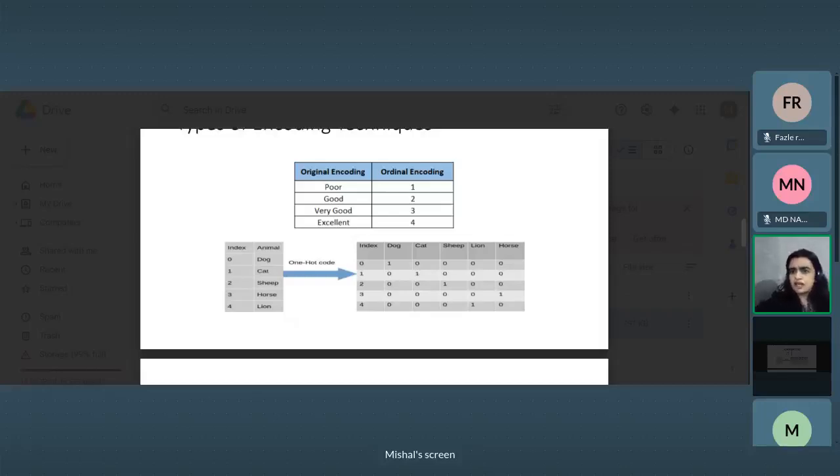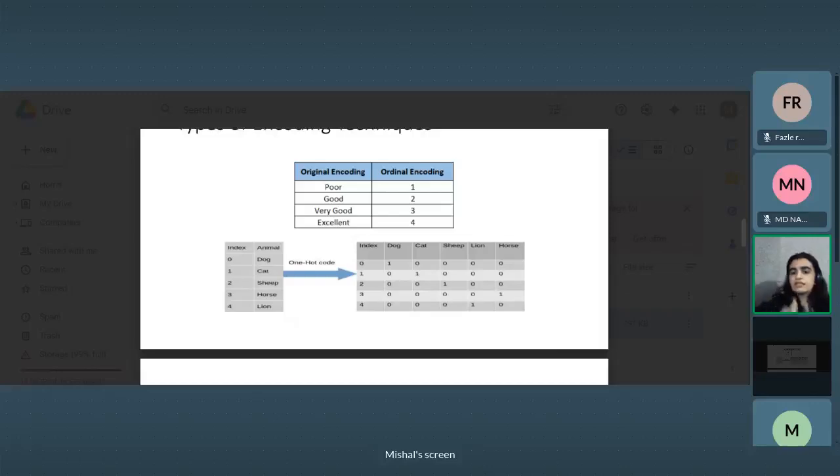Maybe cat is somewhat more important, it has a higher number. Maybe I need to capture this pattern also. But that is not the case. That's why we need some technique which will not create some sort of order there.